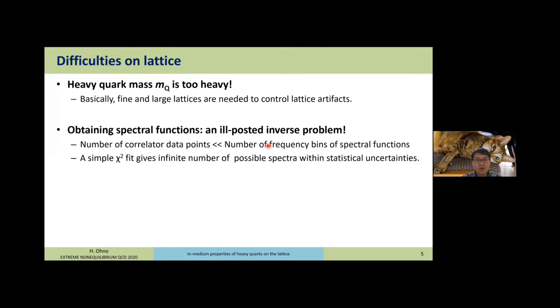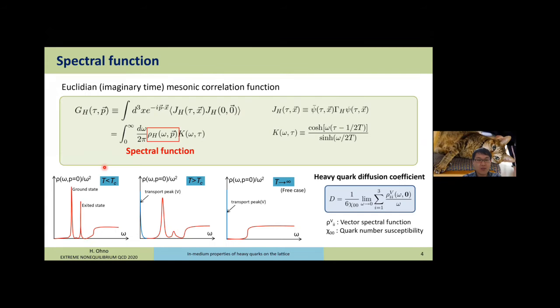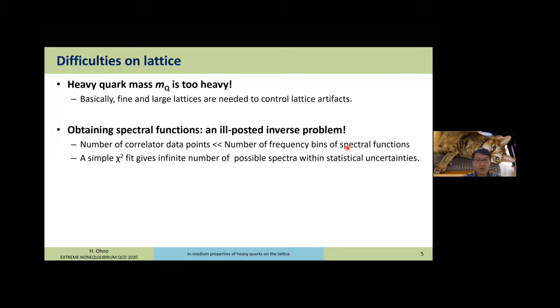But to express a good functional form of the spectral function, one needs a much larger number of frequency points.